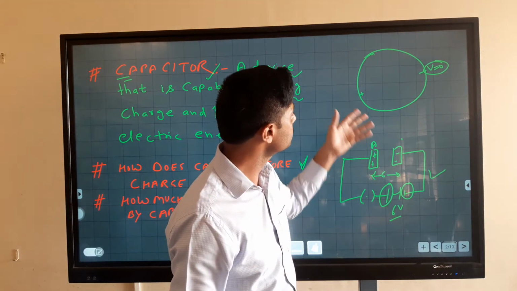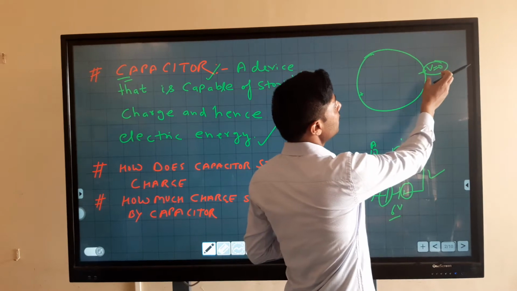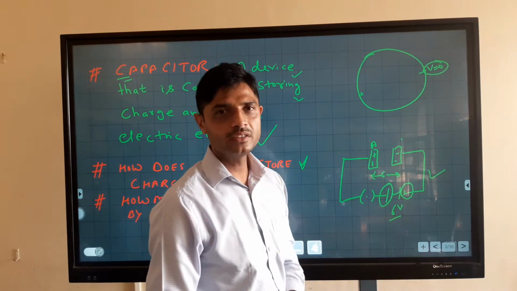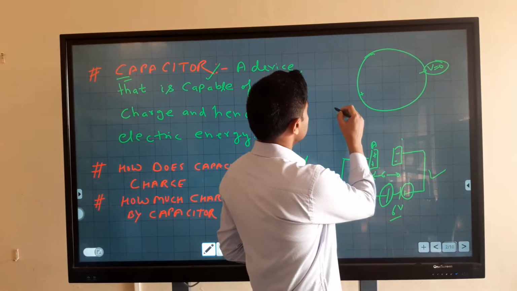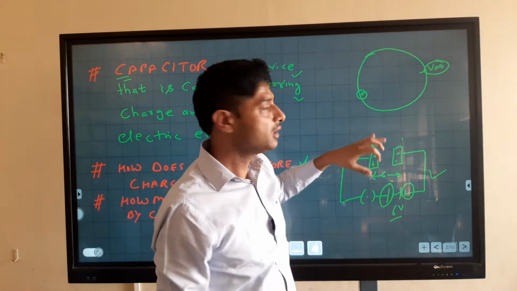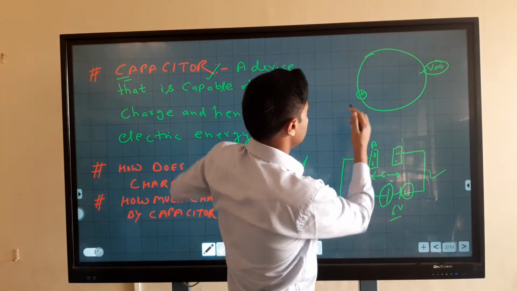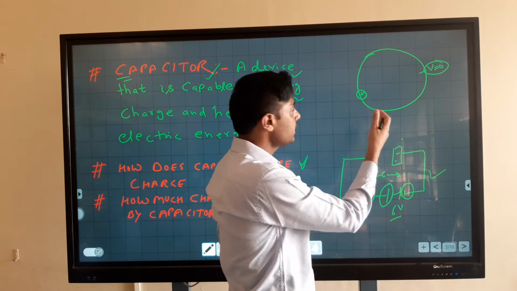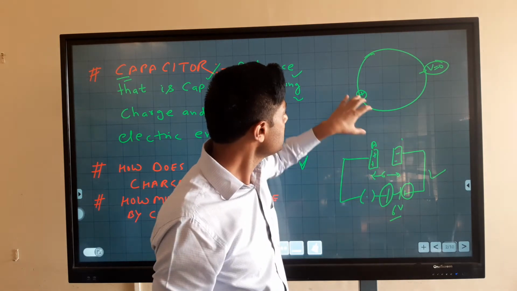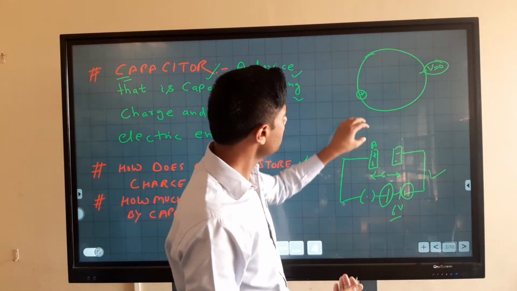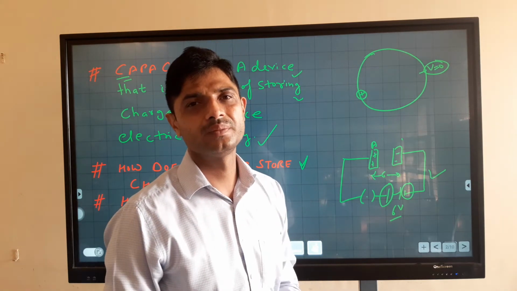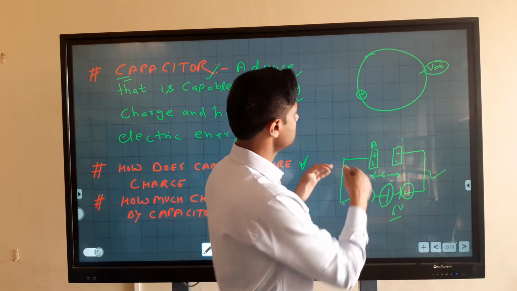When we transfer charge, the potential of this sphere starts to increase, and this sphere becomes positively charged. As we give further charge to this sphere, there is a repulsion by this charge. It means the work done starts to increase to charge this sphere.